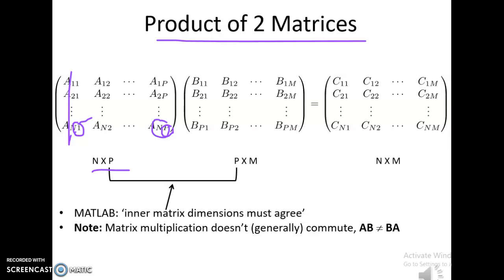The second matrix is p cross m: first row, second row, up to the p-th row, then first column, second column, up to m.